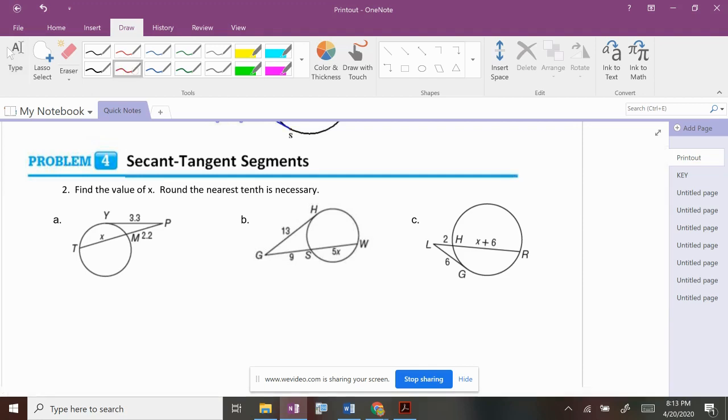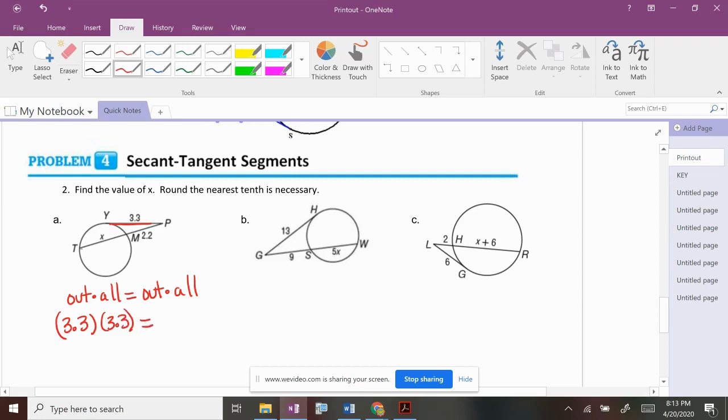So again, I'm going to write down out times all equals out times all. My tangent, my outside of the tangent is 3.3. What's all of the tangent? 3.3.